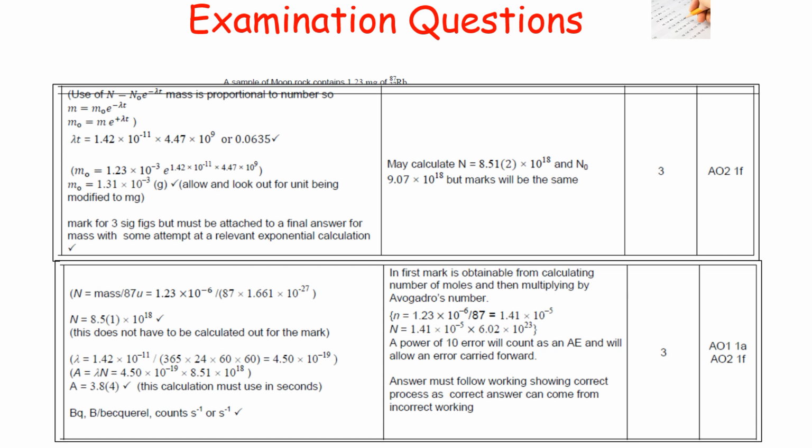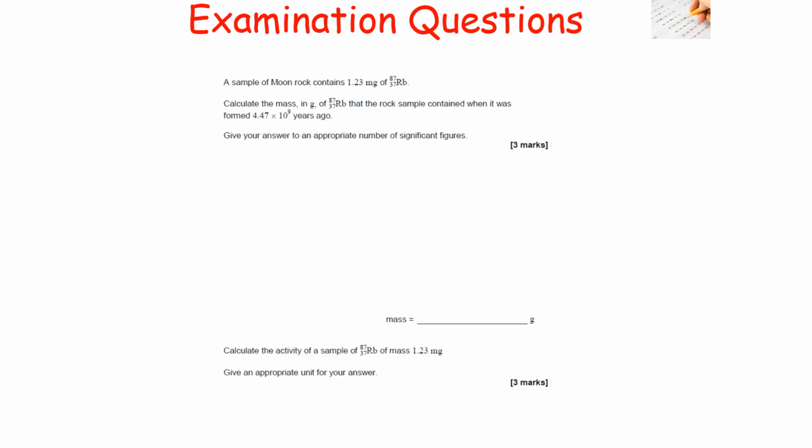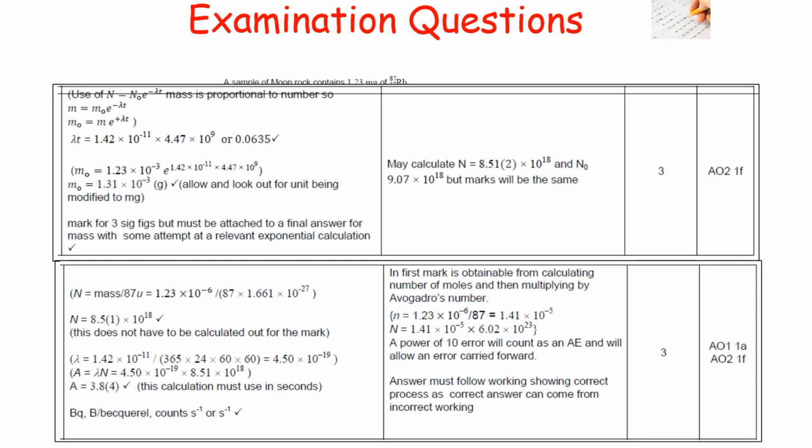You are given n in the question, which is the number of atoms which are present. So at that point you work it through and then you can say A is equal to lambda n. You've already got lambda from the previous question, so you can work out A by popping all the values in to be 3.8, and then what's the unit? Well, it's activity, so the unit of activity, per second, is becquerels.